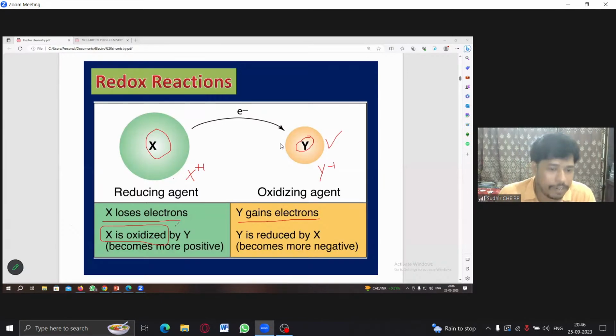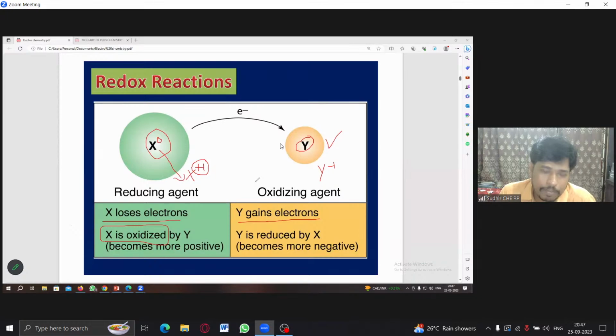Now, the second statement: increase in the oxidation number is called oxidation. When X is losing electron, how is its oxidation number changed? Initially, it is 0. But after losing electron, the oxidation number of X is plus 1.